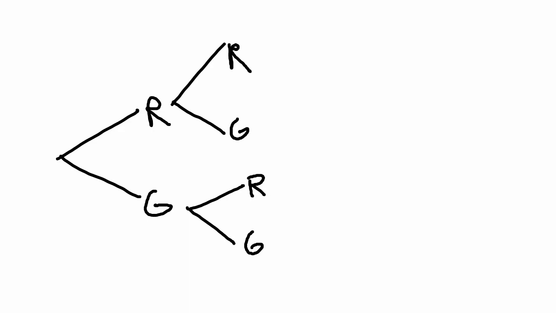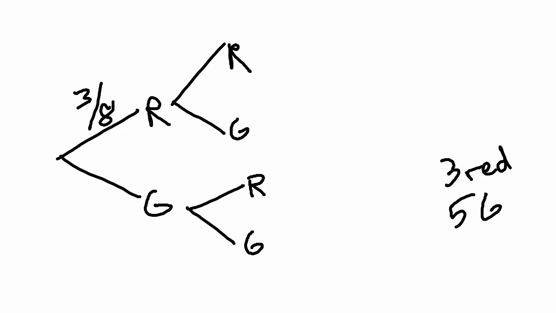If you had 3 red and 5 green, then the chances of a red on the first pick would be 3/8, and a green would be 5/8, and you would do that for each branch. And again, we don't know if this is with or without replacement, so we can't go any further with that.